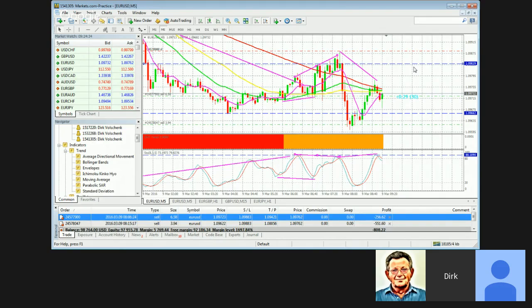Okay, that one's pushing up a lot higher. So obviously the bulls are trying to push this further up again. And next candle.